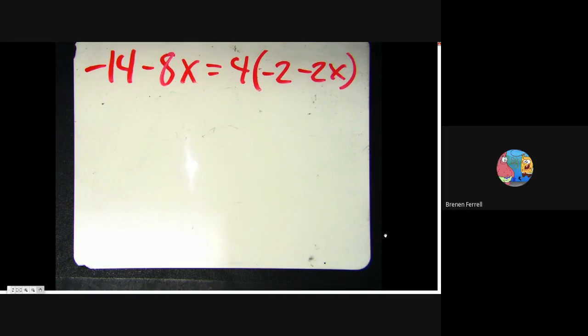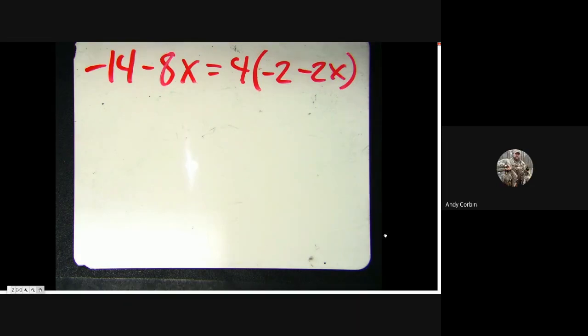There's a negative 8x on both sides. Okay. So go ahead and get those together and tell me what happens after that. Wouldn't we not have any more variables? Because if you add the 8, it would bring it to 0, which cancels it out.